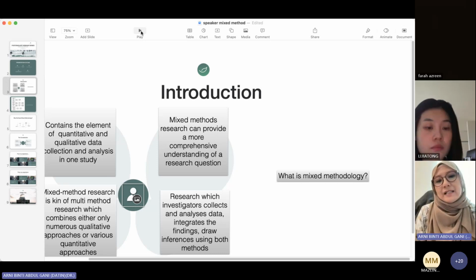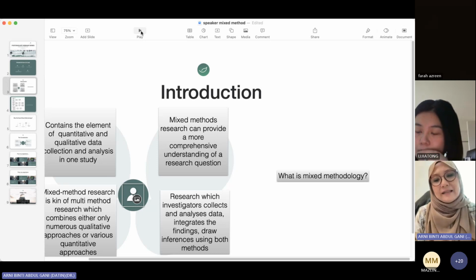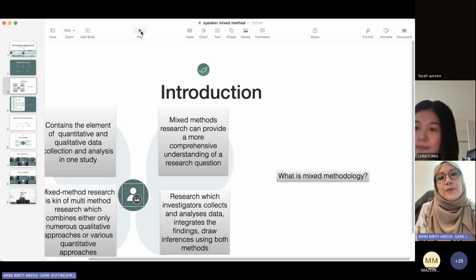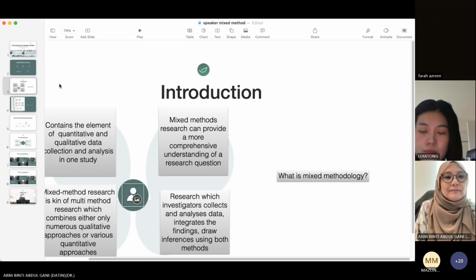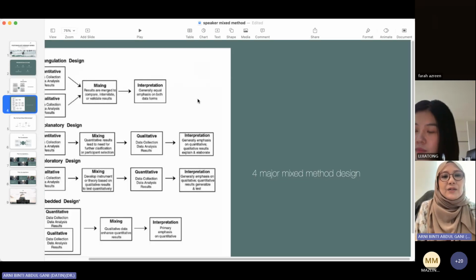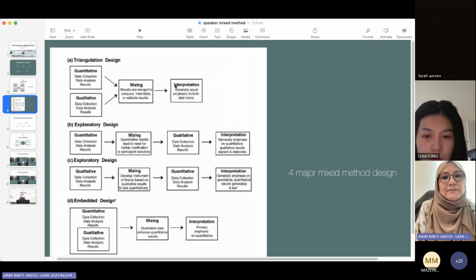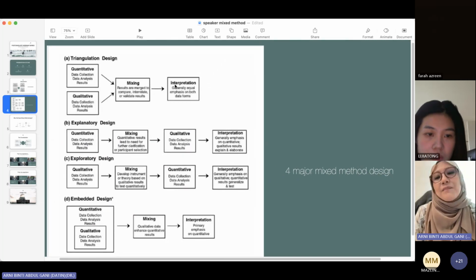In mixed methodology research, we as researchers collect data, analyze data, integrate the findings, and draw inferences using both methods. So this is for the major mixed method designs.